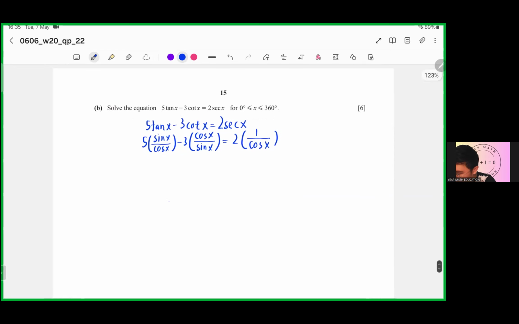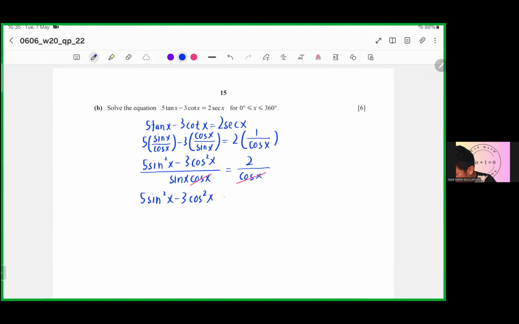So I get 5 sine squared minus 3 cos squared over sine and cos, equals 2 over cos. For this cos, I can cancel first. After that, I get 5 sine squared minus 3 cos squared equals 2 sine.